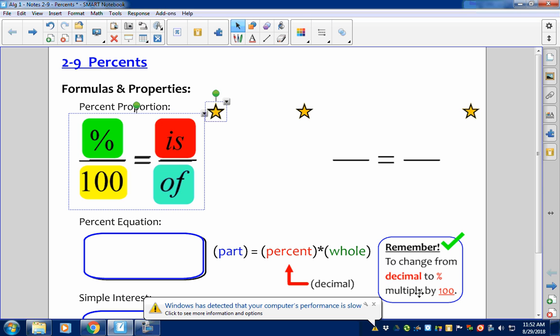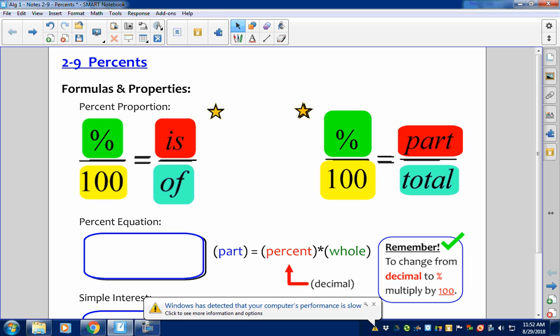So percent over 100 is equal to is over of, and here we have percent over 100 equals part over total. Just understand that the part can be bigger than the total at times. For example, as you go through your classwork, you're going to get some percentages like 500% or 250%. If you're in business, you might buy something wholesale and mark it up 200%.